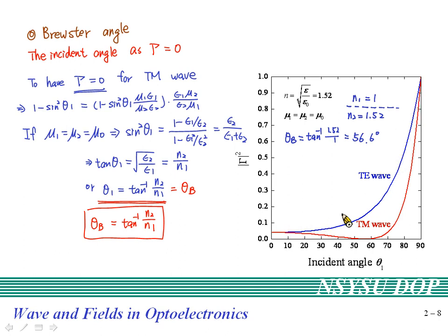However, for TM wave, which is the red curve, you can see that around this angle, we have no reflection. This is because the reflection coefficient is 0. Okay, so this angle is just the Brewster angle we have calculated here. So here is the Brewster angle for TM wave from the plane dielectric interface.